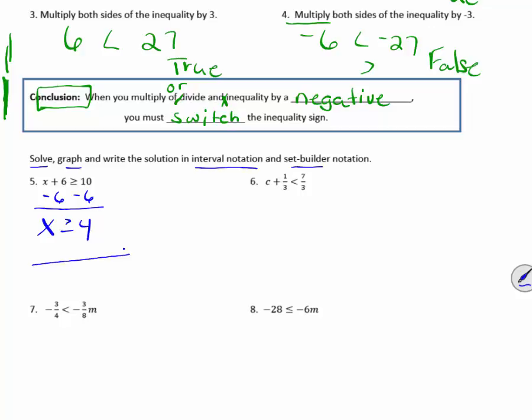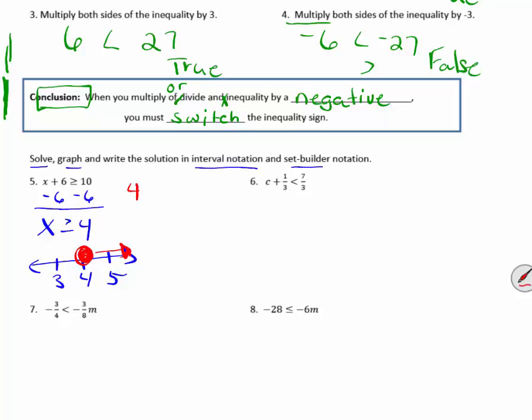So on a graph, we put 4 in the center. We do 3 and 5. My circle is going to have to be colored in because it says or equal to. I need it to be greater than, so that's heading towards the 5. So there's the solving, there's the graph. So set or interval notation.